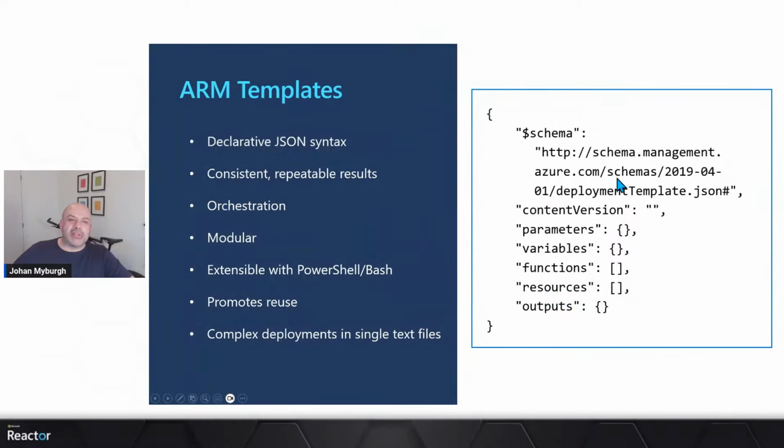So coming back to this JSON template schema, you'll notice that we've got something called a content version, right? We can actually specify the specific schema. So as we roll things forward in Azure, we actually generate different versions of the schemas. So this is just a versioning strategy for us that we follow with these templates.